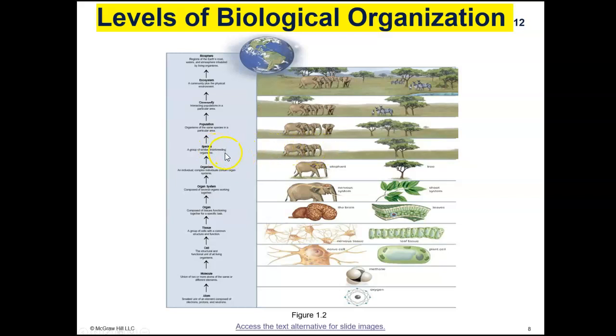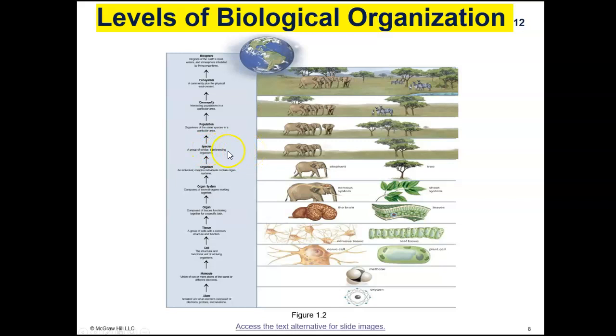Technically, the definition of a species is that in animals, they can interbreed and produce offspring, and those offspring are also fertile. They're also able to interbreed. Because we do have different species that will interbreed and produce offspring, but unless the offspring are fertile themselves and also able to reproduce, we don't say that the male and female that produce them are of the same species.